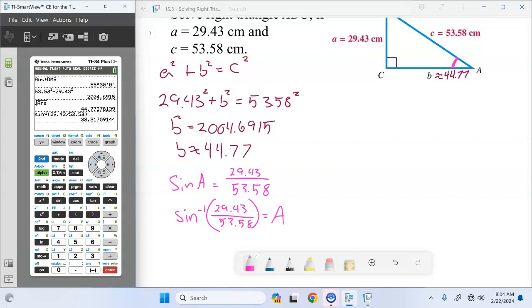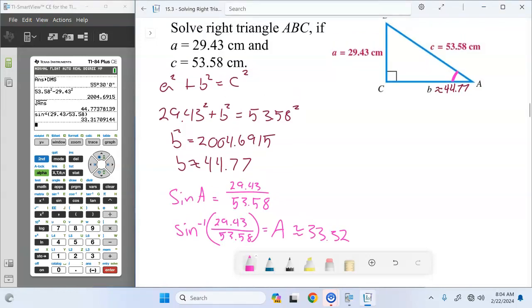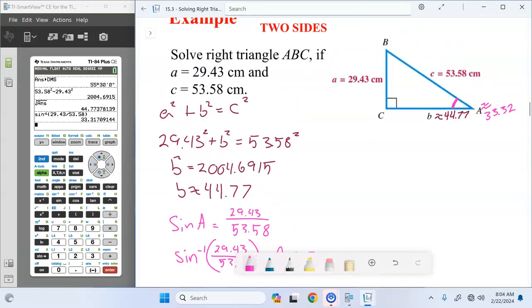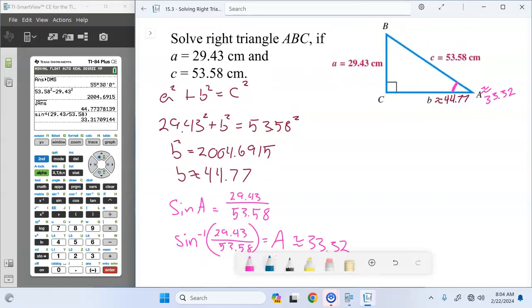And then we get the approximate measure of our angle, let's do 2 decimals, 33.32. Okay, so there's a measure of angle A. It is approximately 33.32. Now we could be a little more loosey-goosey with the angles because the rounding has to kind of add up to 180, but we're going to practice using our trig ratios again.